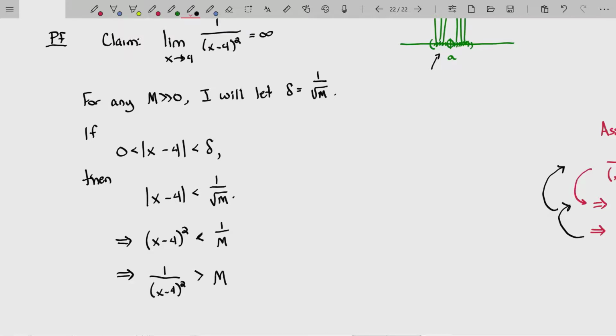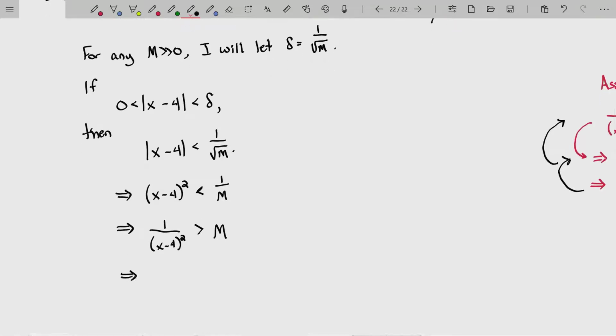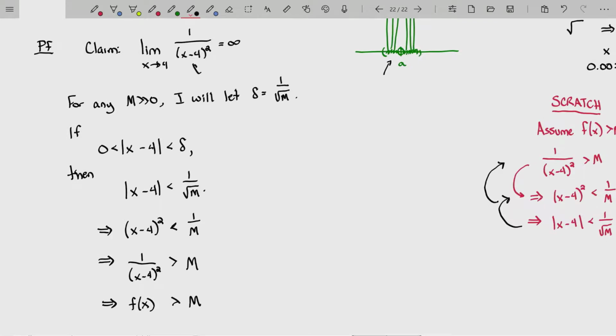So is everybody happy? And they say, yes. And you say, then I'm done. And they say, why are you done? And you say, because I've just shown you that the function is now above the height you've challenged me with. Because the function was 1 over x minus 4 quantity squared. And they say, well, wait, now I don't believe you. What if I give you a height of 3 trillion?